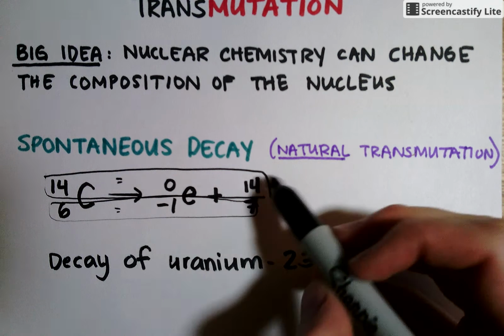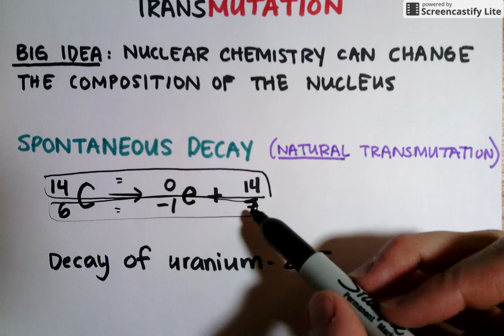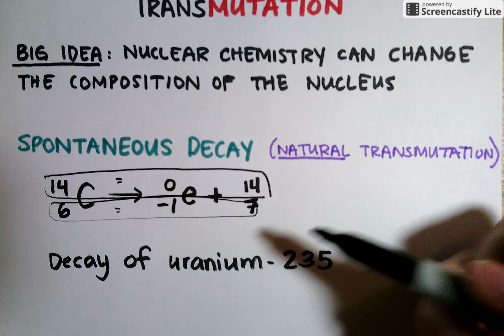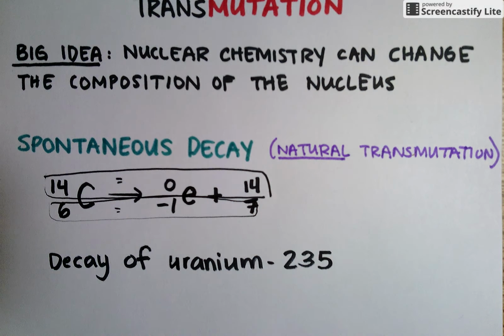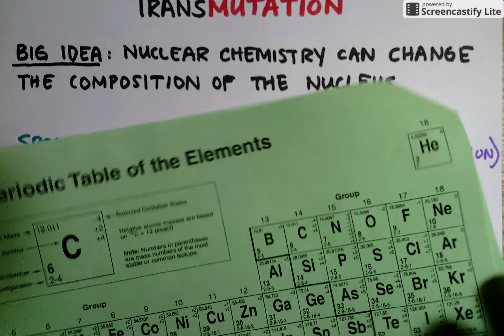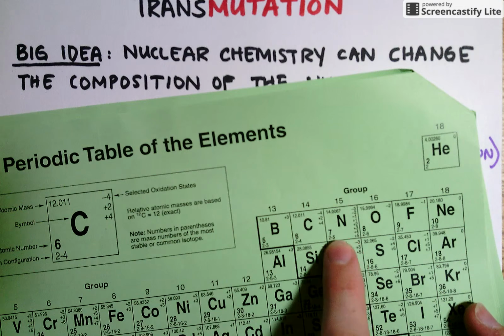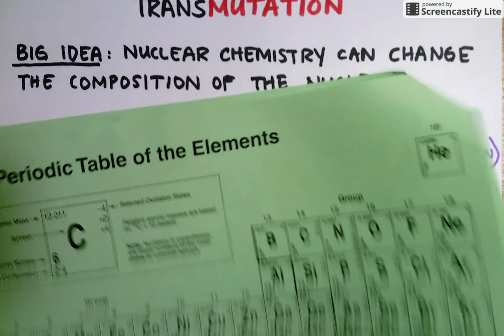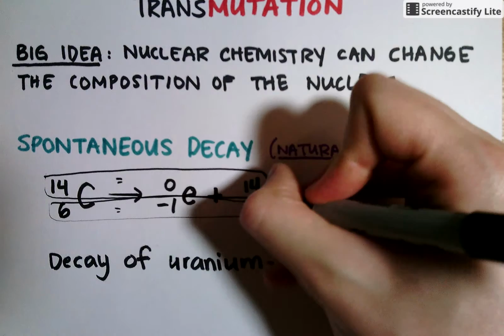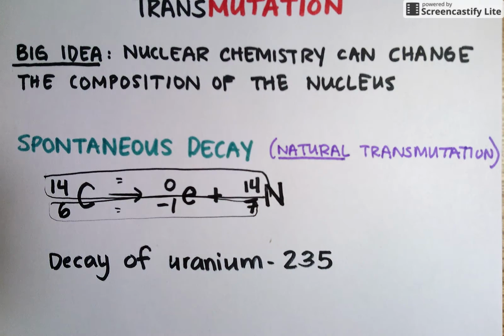All we're missing is our symbol, and that's easy to find because now we know the new nucleus's atomic number, which is 7, and if you flip to your handy-dandy periodic table, you can very clearly see that atomic number 7 belongs to nitrogen. So nitrogen is going to be what finishes off that equation there.